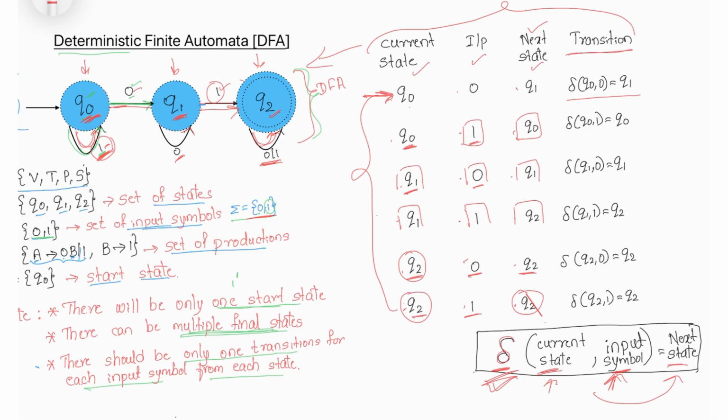See, the current state is Q naught, the input symbol it is taking is 0, and it is moving to the state Q1. So I have represented it like this. Similarly, the current state is Q naught, the input symbol is 1, then it is remaining in the state Q naught only. So that is represented here. In the same manner, I have represented the transition for all the above possibilities.